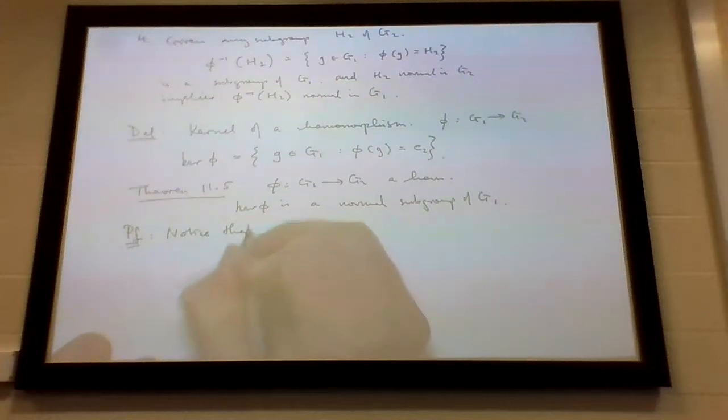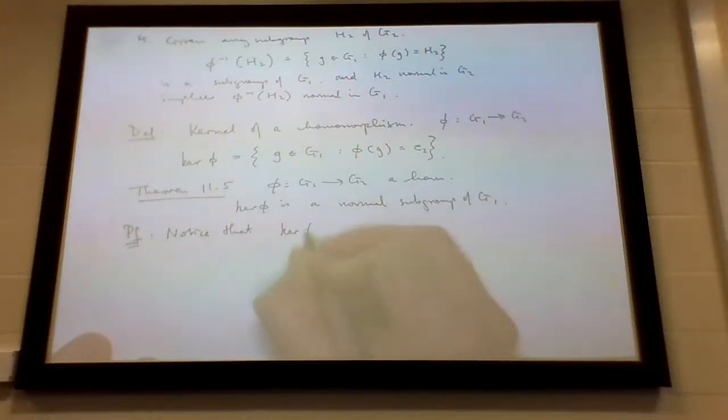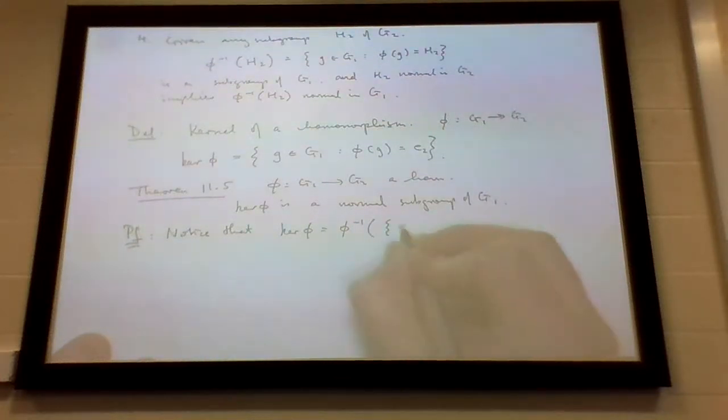So notice that the kernel of phi is the inverse image of this subset {e} of G2. Now, what do we know about the set containing just the identity of G2?